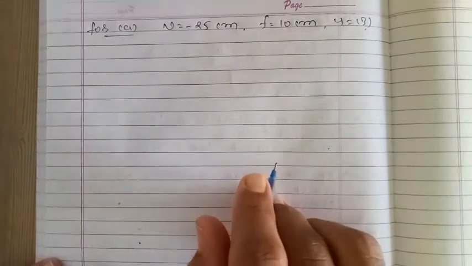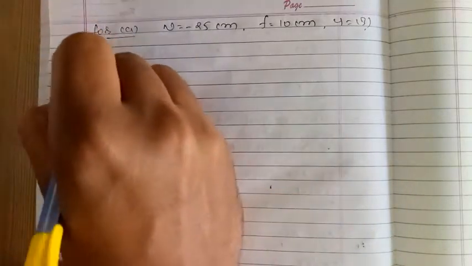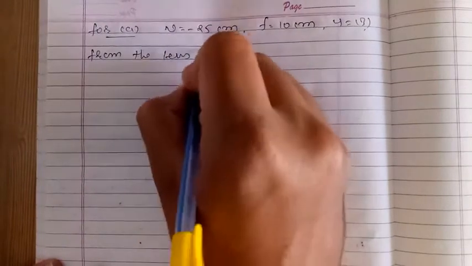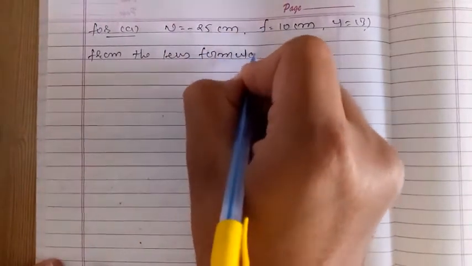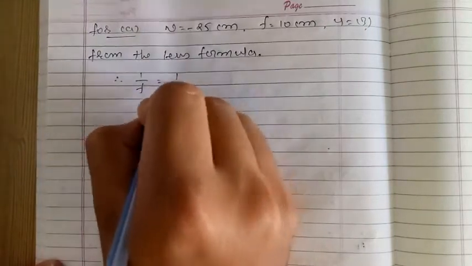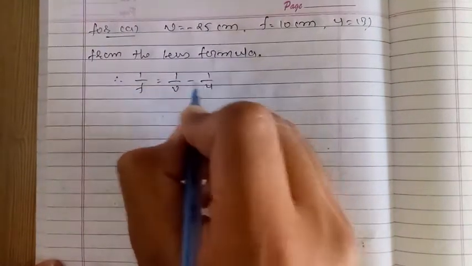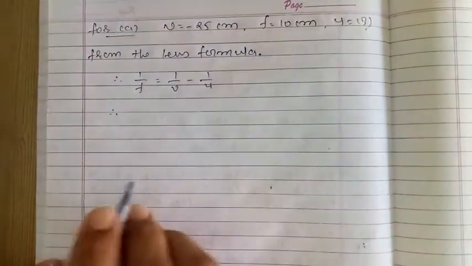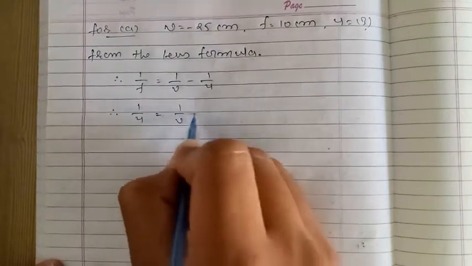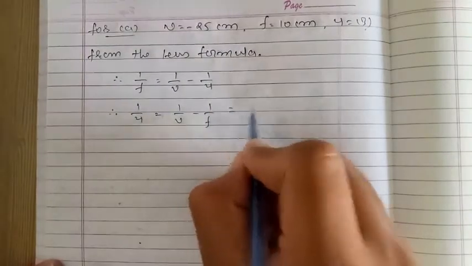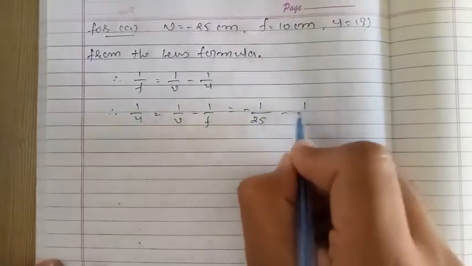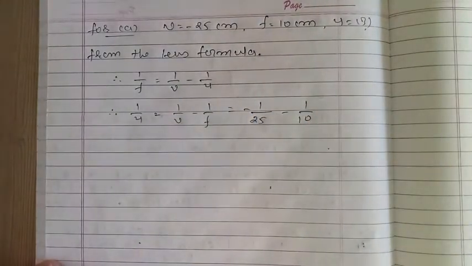So we know the value of v and f, we have to find out u. So again we have to use the lens formula. From the lens formula, we know the formula, 1 by f is equal to 1 by v minus 1 by u. We have to find out u. So we formulate 1 by u is equal to 1 by v minus 1 by f. So 1 upon the value of v, minus 25, minus 1 upon 10.